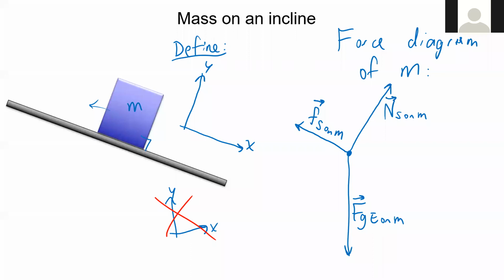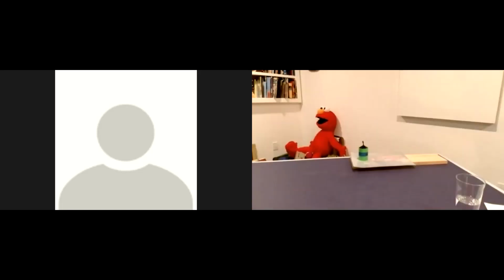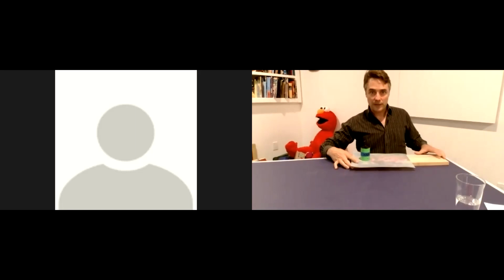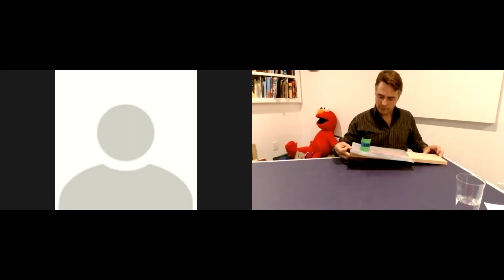And if I stop the share for a sec, so there's me again, and we look at this little mass and an incline. Here's a mass, here's a little surface. If I tilt it up, then we have static friction, which is holding the mass on the surface.